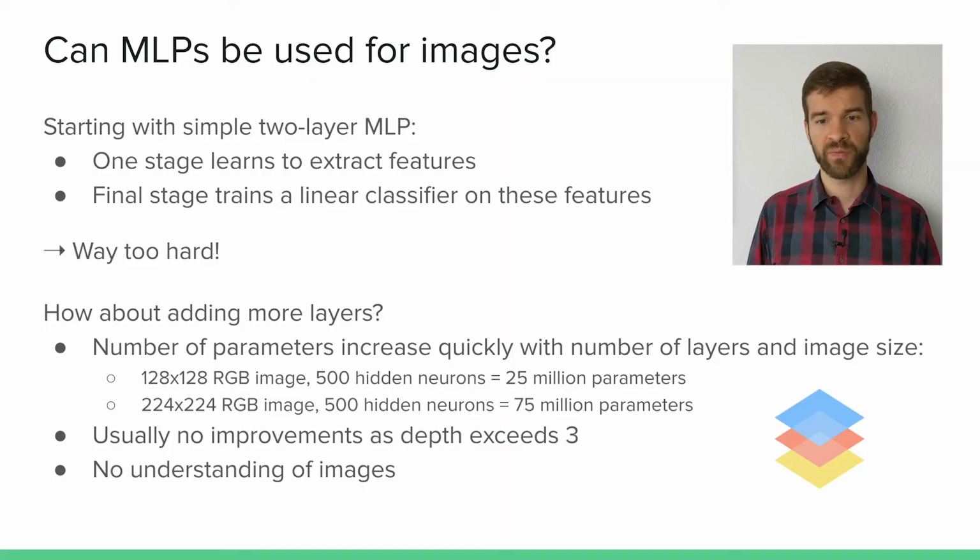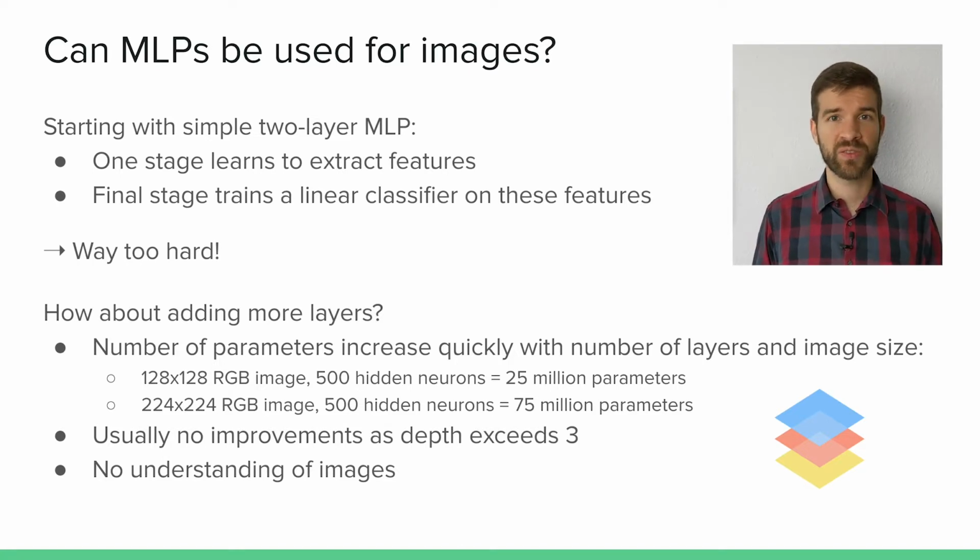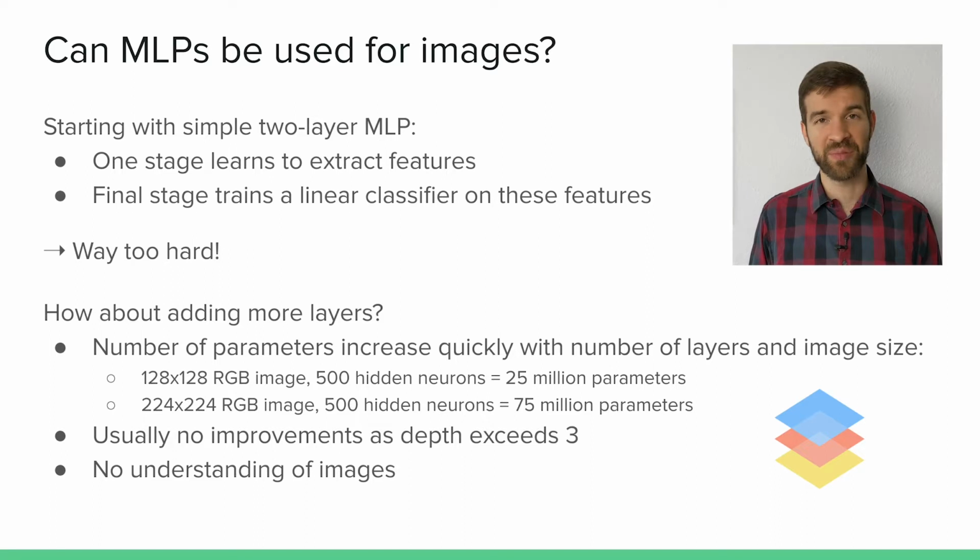The problem with adding more layers to a multilayer perceptron is, though, that the number of parameters quickly explodes. So if we have just a small 128 by 128 RGB image, which has 3 layers for red, green, and blue, and just 500 hidden neurons, and they're all connected to each other, we already have 25 million parameters.